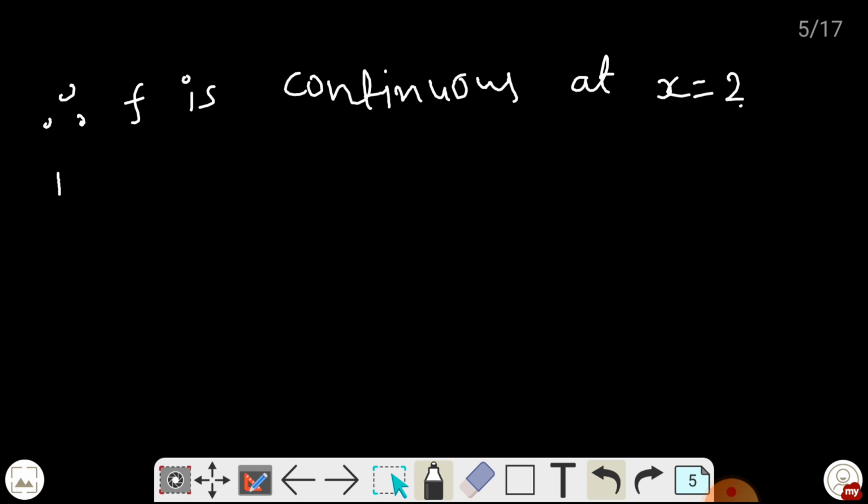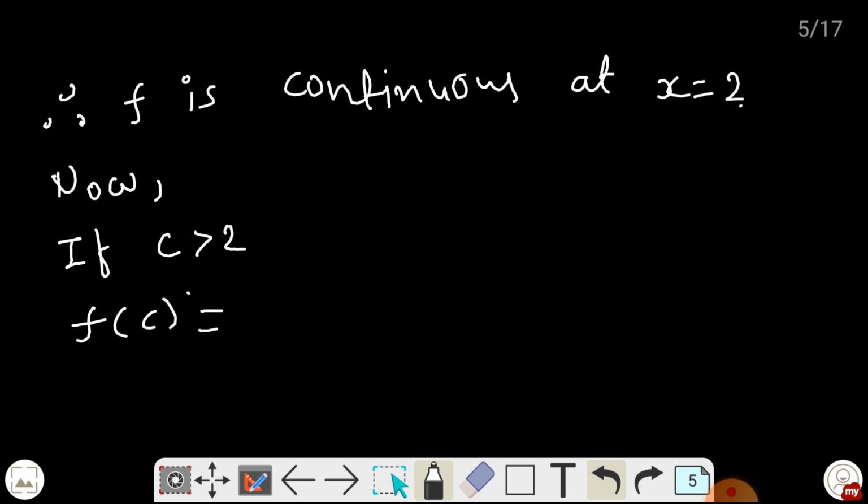Now if c is greater than 2, then f of x is equal to x square plus 1, and f of c is equal to c square plus 1.